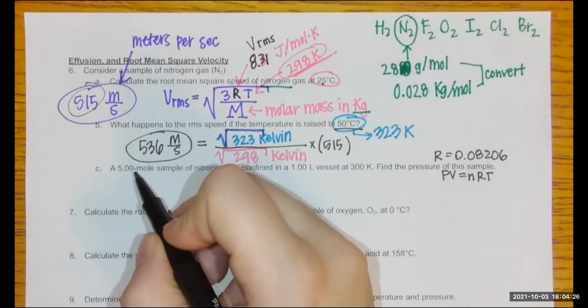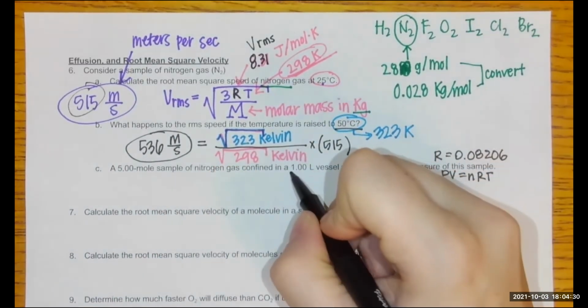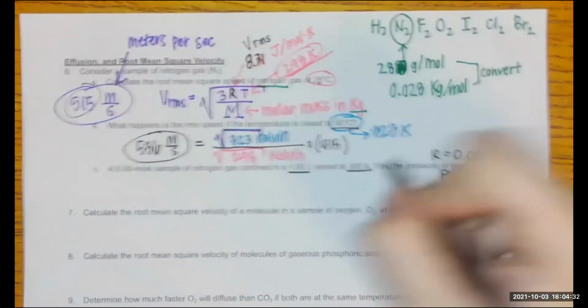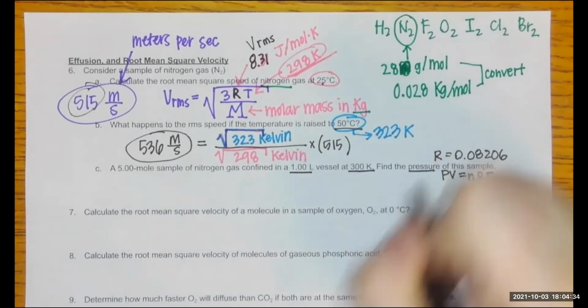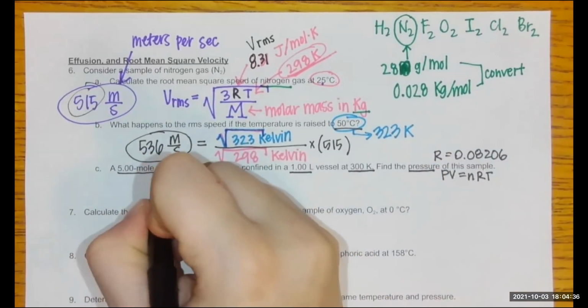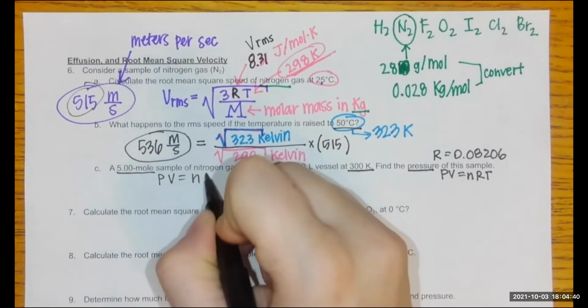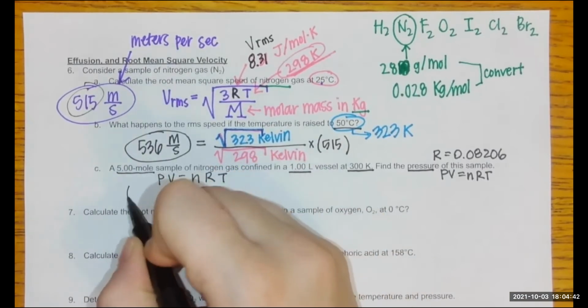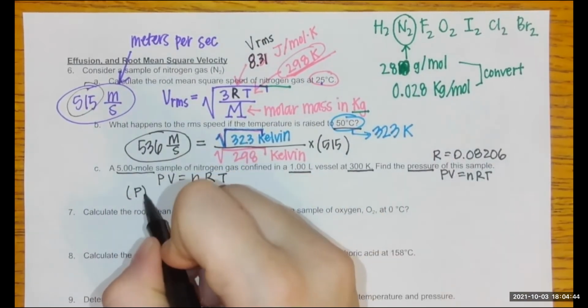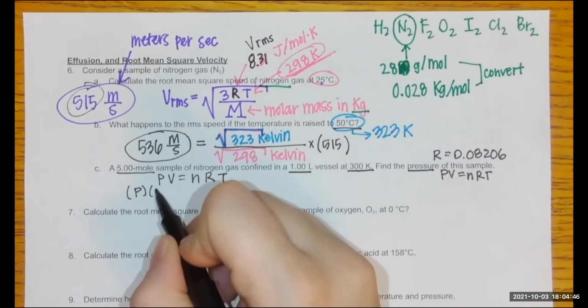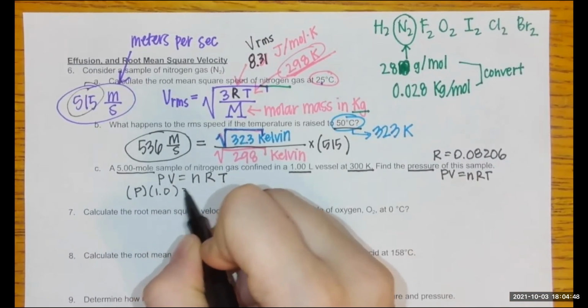You have a 5 mole sample of nitrogen gas in a 1 liter vessel at 300 Kelvin. Find the pressure of this sample. PV equals nRT. Find the pressure when the volume is 1 liter.